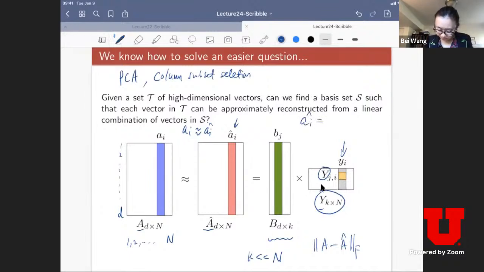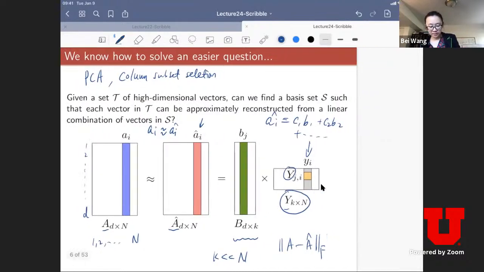Let me use coefficients, c1 times b1, c2 times b2, and so on and so forth. So a1 hat is now a linear combination of the columns of B. Okay, so we know how to do this. Like I said, PCA does exactly this.